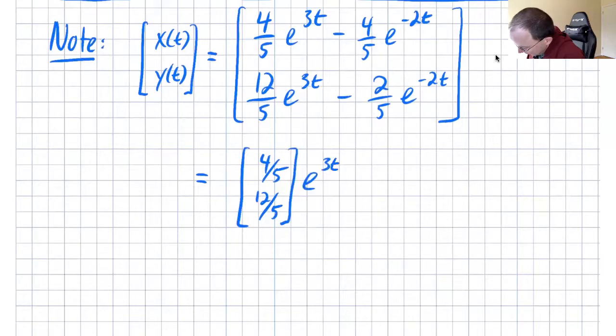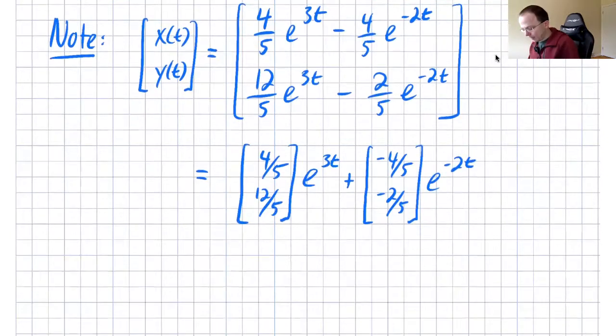And then I'll keep a plus, negative 4 over 5 and negative 2 over 5, and then e to the negative 2t.